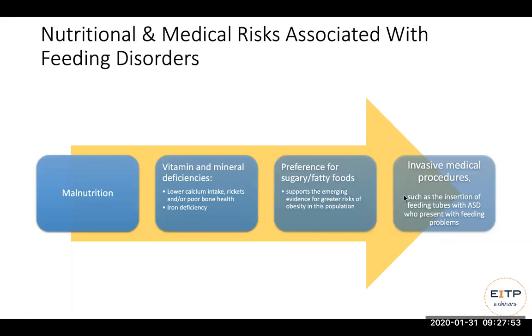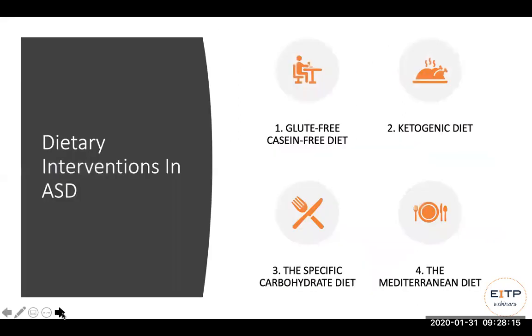And something that we need to keep in mind that can be very disruptive to the life of children and families is that there can be a lot of invasive medical interventions when kids have feeding disorders. They get tubes, they get admitted to the hospital for conditions of failure to thrive, and they get procedures like endoscopies and colonoscopies. That can be very disruptive to the life of these children and families.